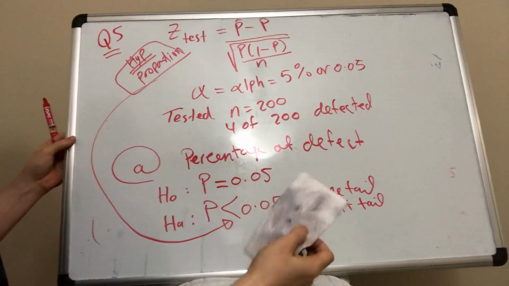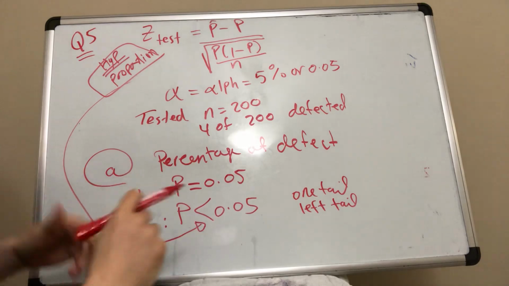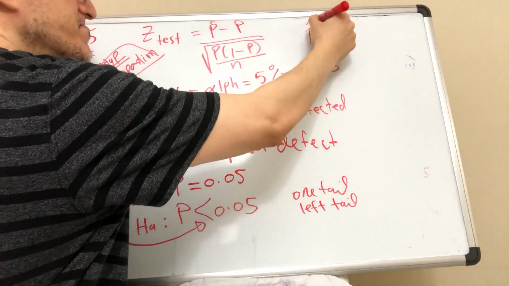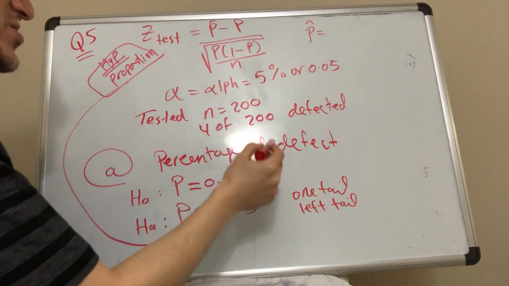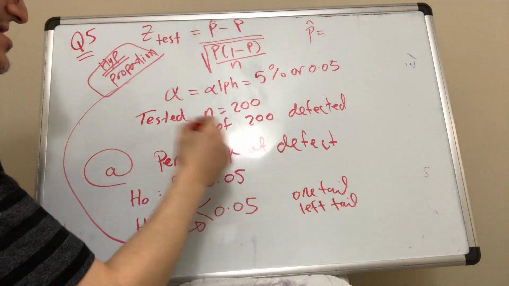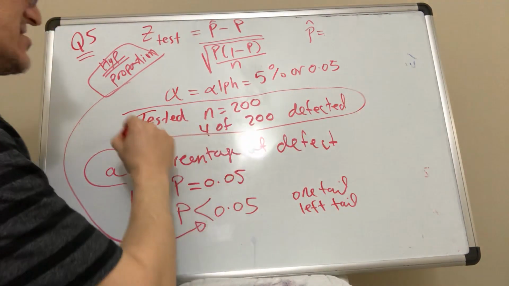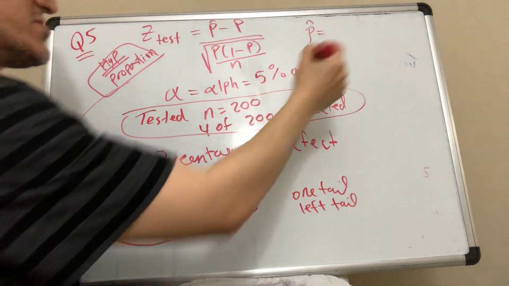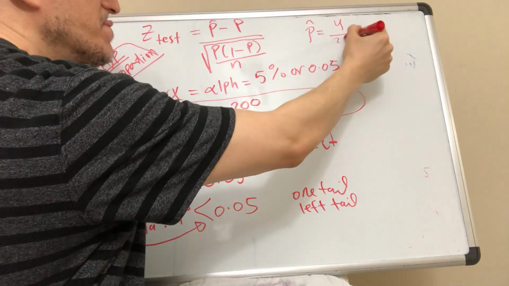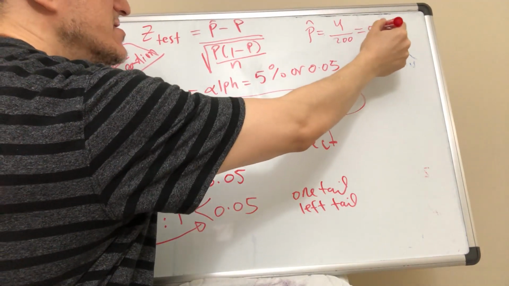Okay, well, we need to know a few things. What is p hat? There are 4 defected. You get this p hat from the test. There are 4 out of 200, that's 0.02.